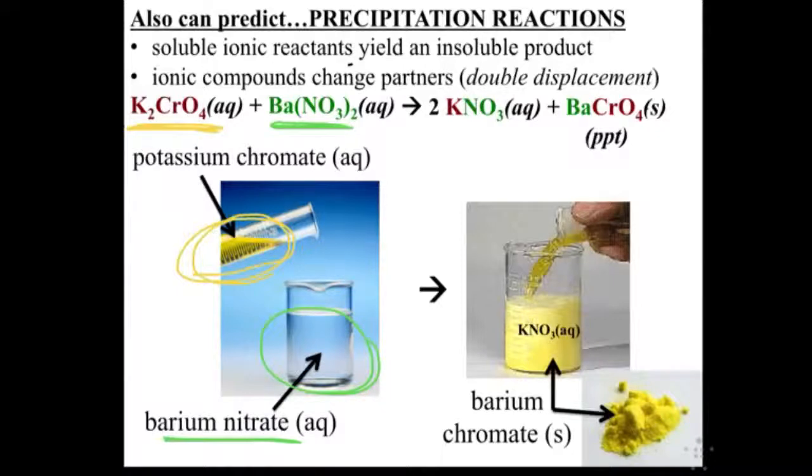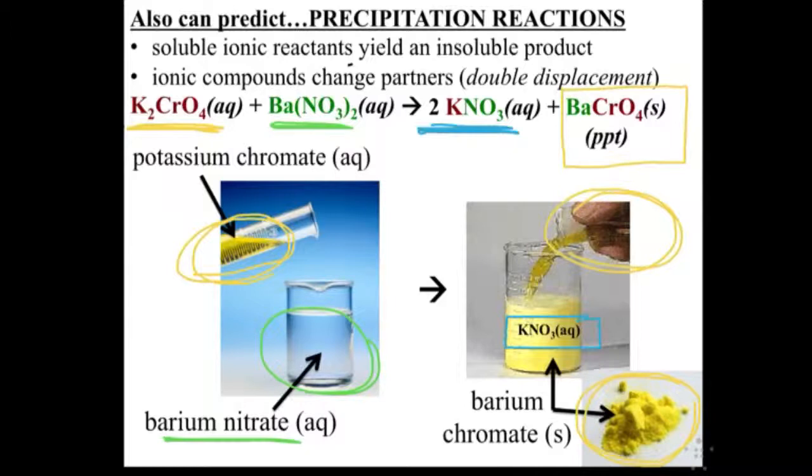We pour the potassium chromate into the barium nitrate, and what we get out is this yellow solid, barium chromate. In solution, we're left with some potassium nitrate, and that's actually a clear solution. So we've got a clear solution here with a bunch of yellow barium chromate solid in it.